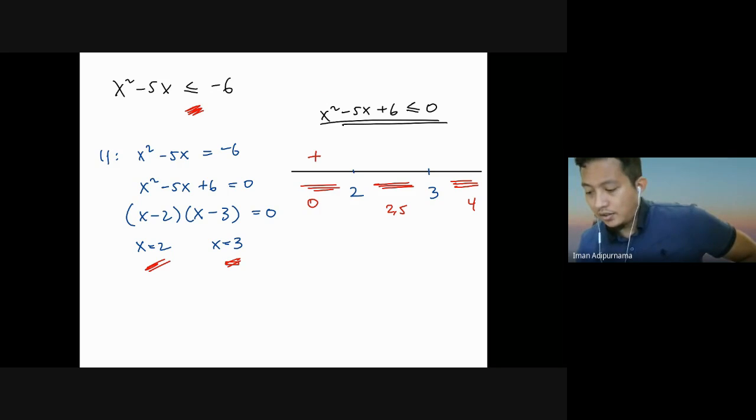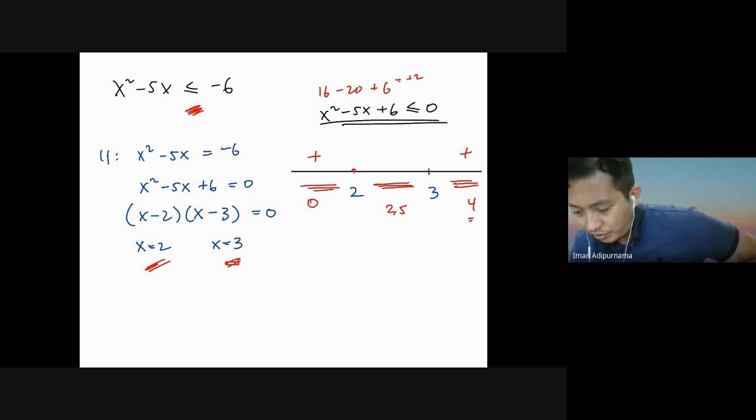If you put 4, let's say 4, it's 16 minus 20 plus 6. So it's positive, right? It's plus 2. Oh, it's positive. Good. Of course, if you put 2 and 3, it becomes equal to 0. So it's going to be included inside, right?